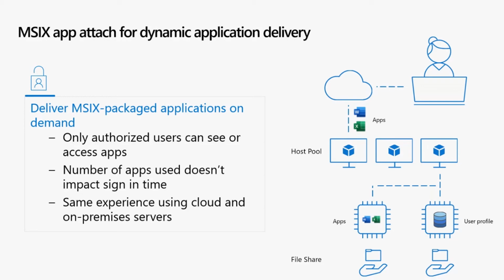Similar to the user profile, the app is also isolated from the actual desktop, and the same can be achieved using MSIX app attach. When a user logs in, they get on-demand applications attached to their VM on the go. This means you don't need to install each application on the VM in pool-based configurations, or in case you have a golden image.